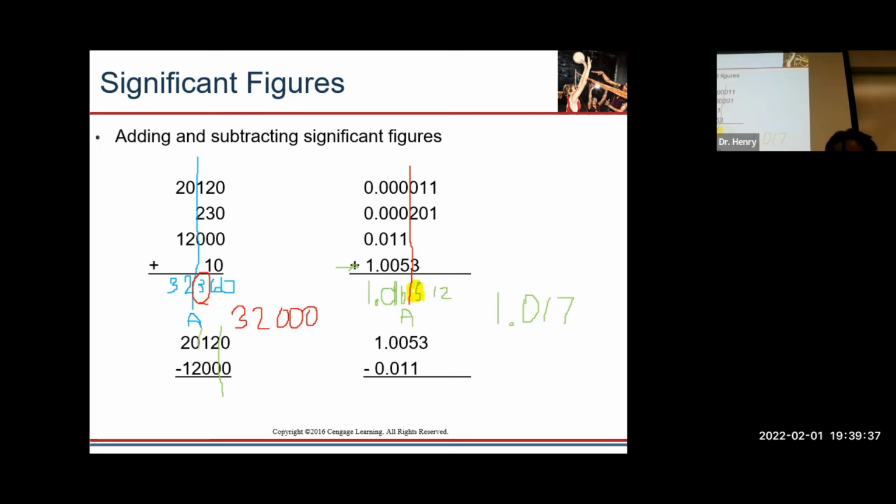Okay. So then we subtract. Which one are we going to use? We're going to use the red line or the green line? It's going to be the red because it's always going to be the one that's farthest to the left.